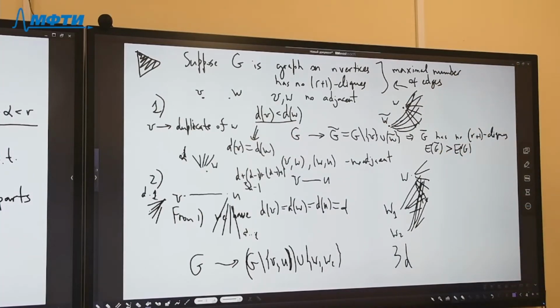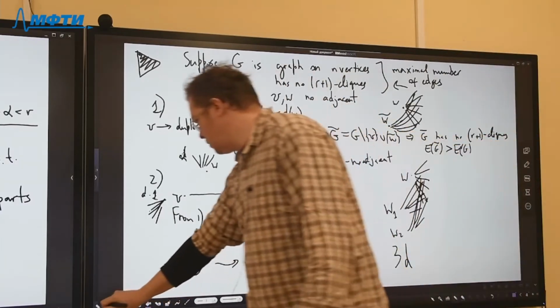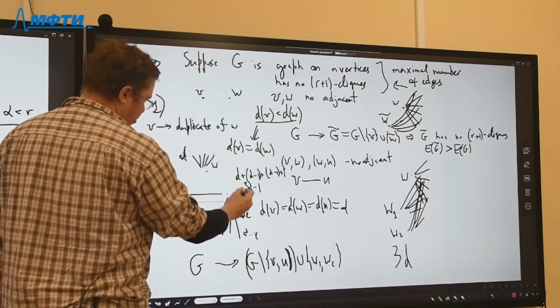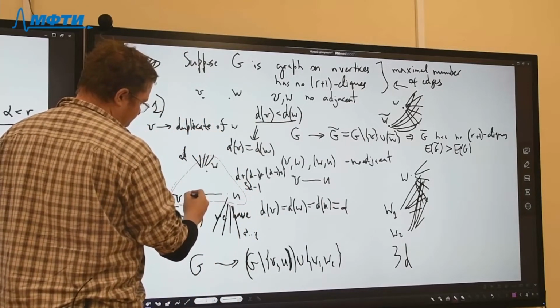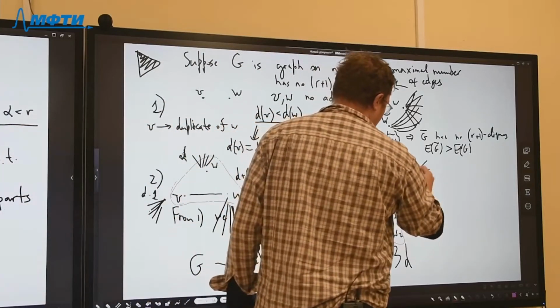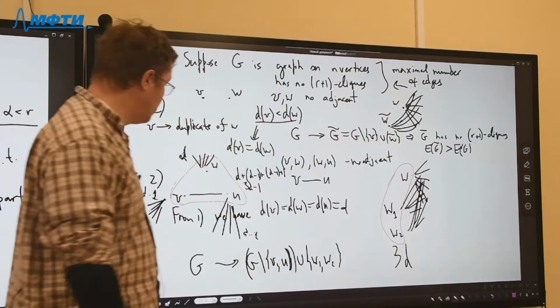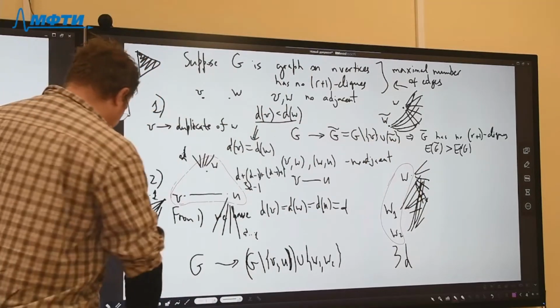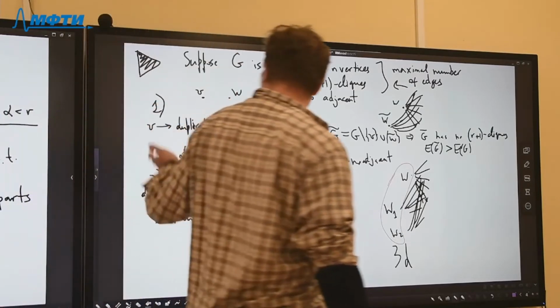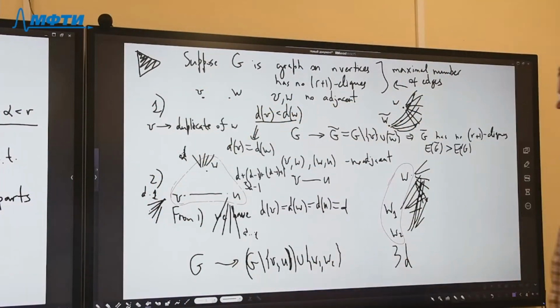We change this situation, where we have three vertices with only one edge, into three vertices which form an independent set, so they have no edges inside of them. If we do the first and second steps many times, we can achieve that.